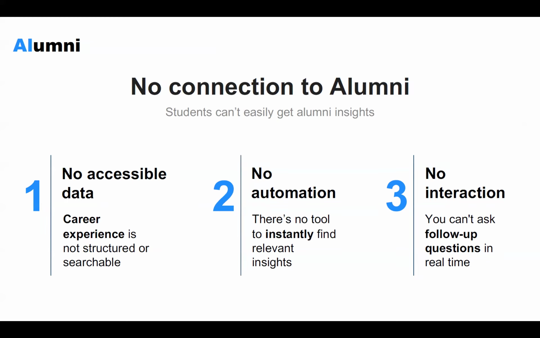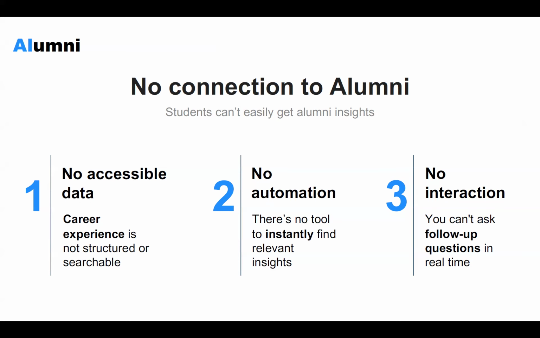So data, and here by data we mean knowledge, is not accessible. It is accessible, but you really need to put some effort in order to get it. It's not automated. If you do not have a chatbot that you ask about what to do and instantly you get an answer, it will take your time to get this information.